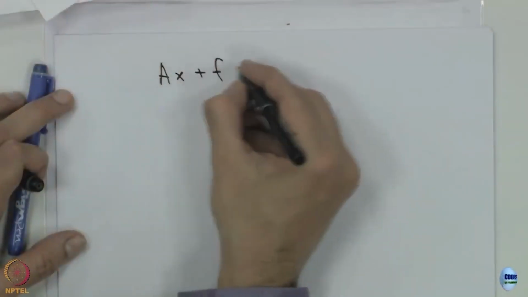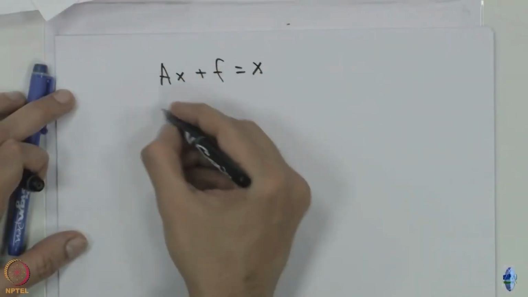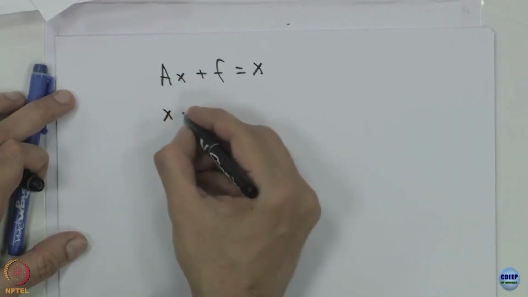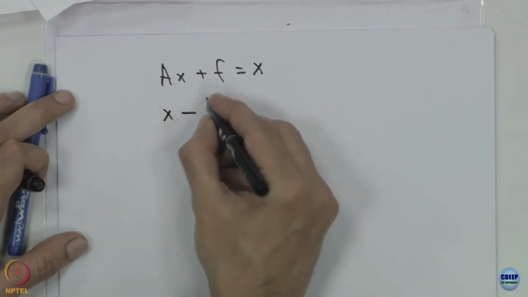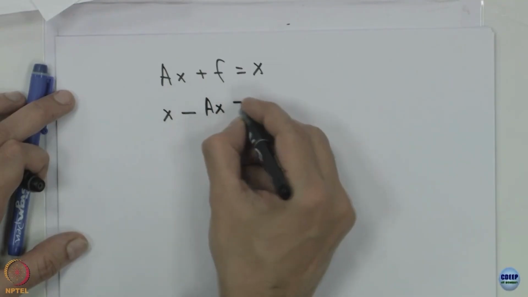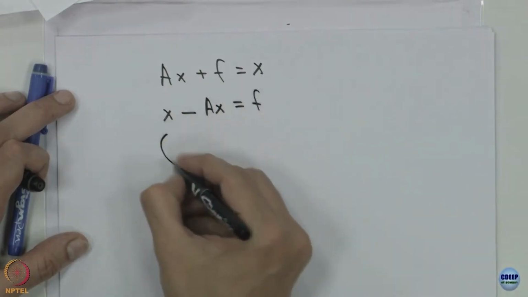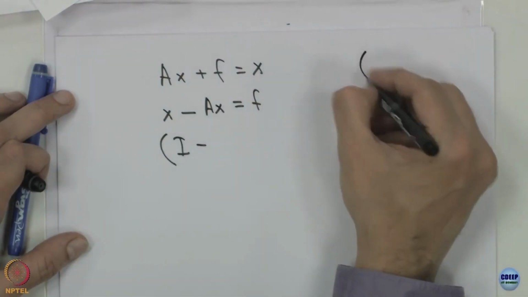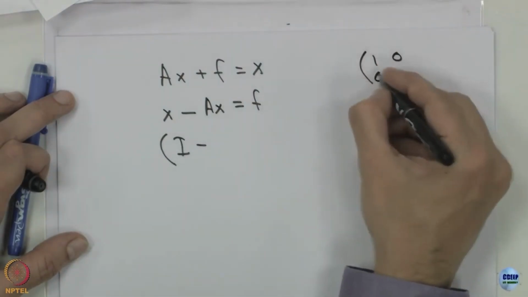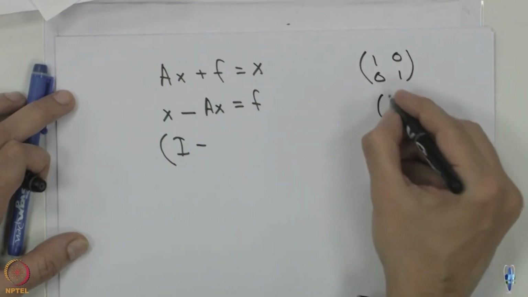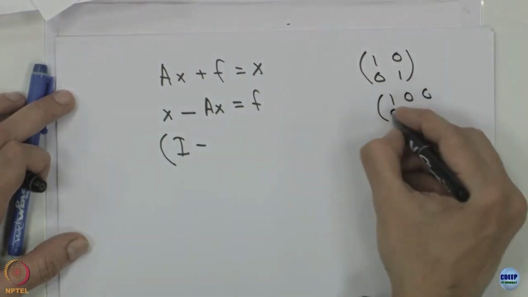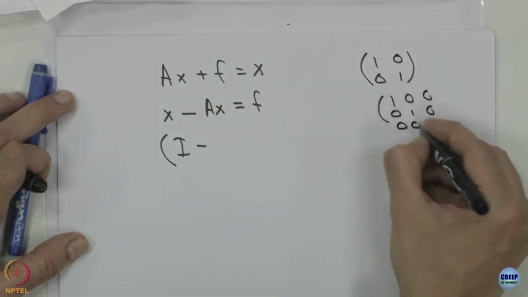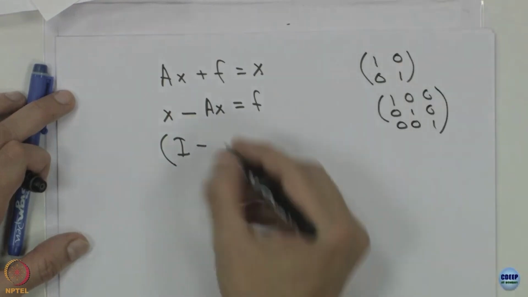So essentially what we had is, we started off with Ax plus F is equal to X, X minus Ax is equal to F. So this X is the identity matrix. Identity matrix will be, for a 2 by 2 it's 1 0 0 1, it will be 1 0 0, 0 1 0, 0 0 1 for 3 by 3.